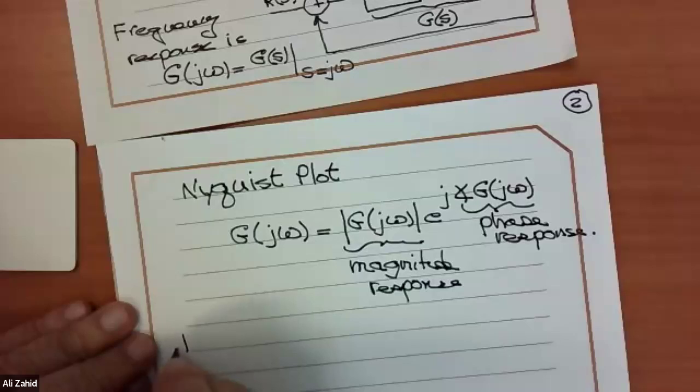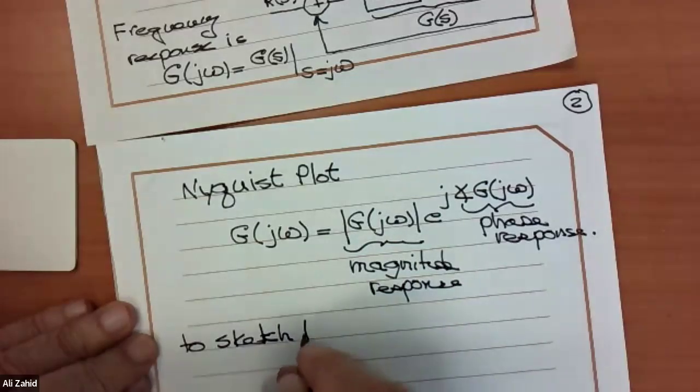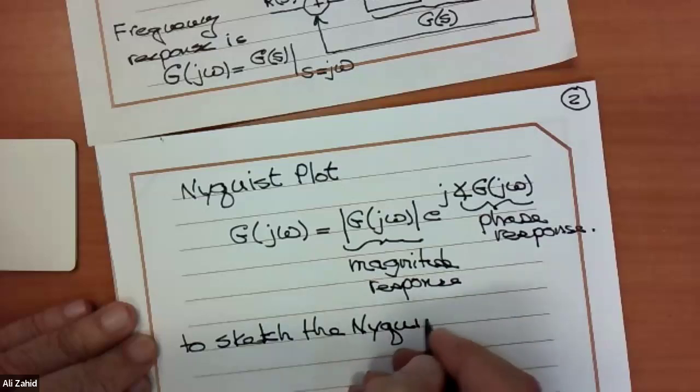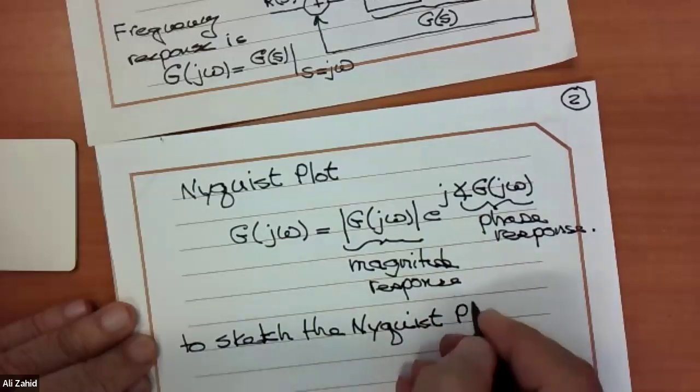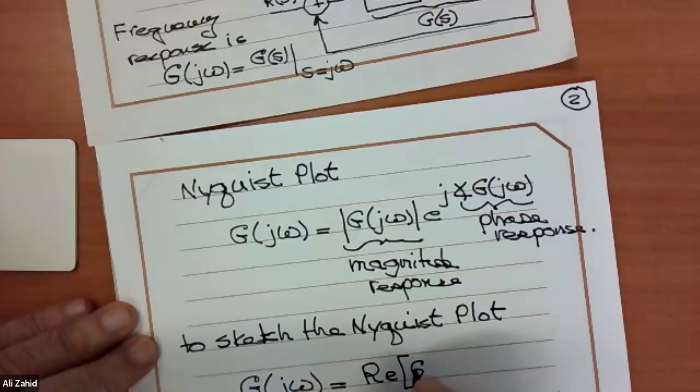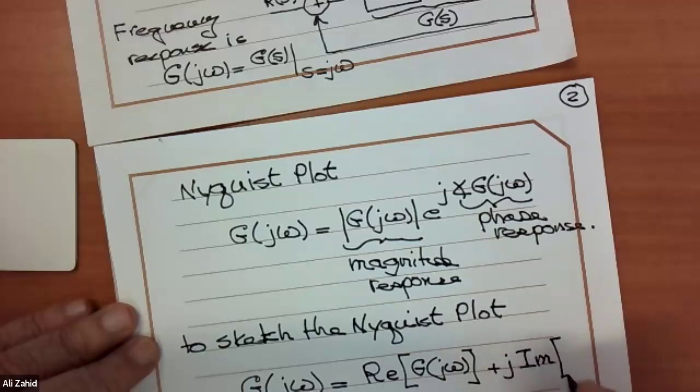Now, to sketch a Nyquist plot, write G of J omega as the real part of G of J omega plus J times the imaginary part of G of J omega.